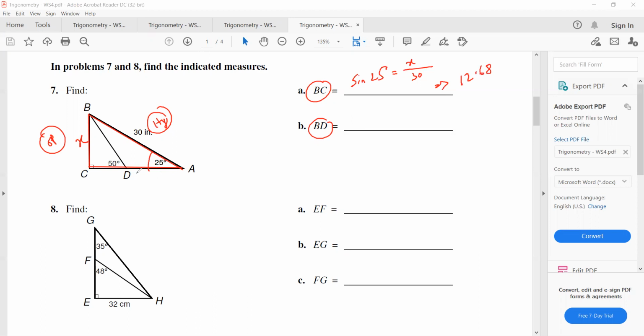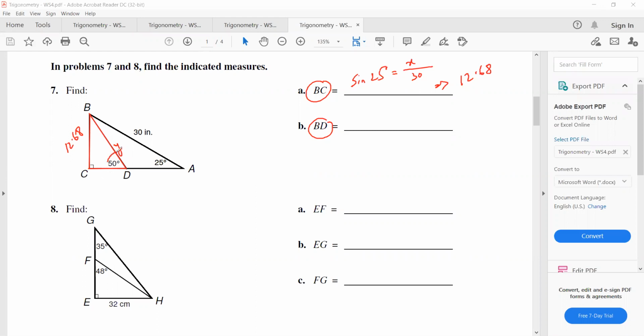Then BD. Now we will think about another triangle. This is y suppose, and this is 12.68. Right?